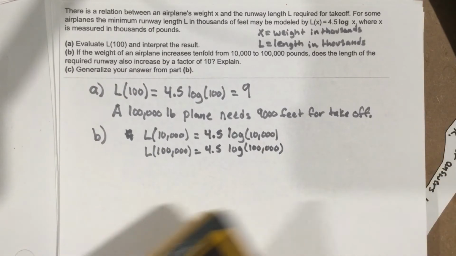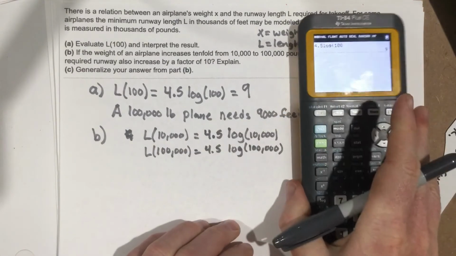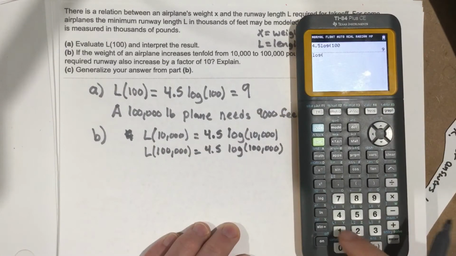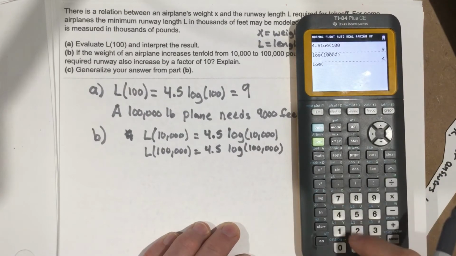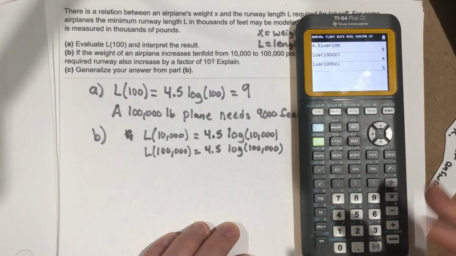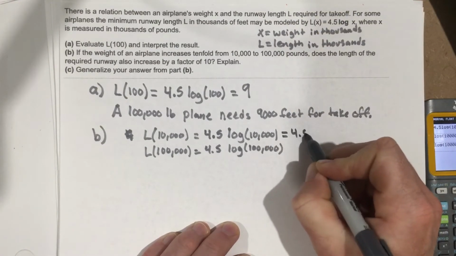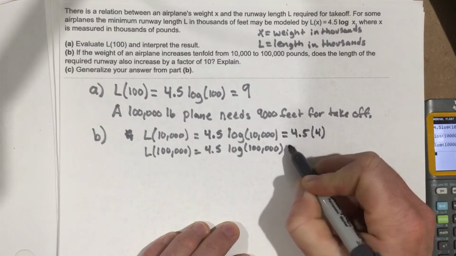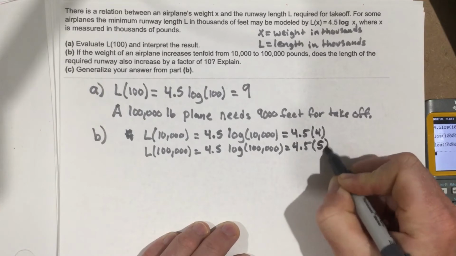Now I'm going to plug in what the log is. Log of 10,000 is 4, and log of 100,000 is 5. So this is 4.5 times 4, and this is 4.5 times 5.